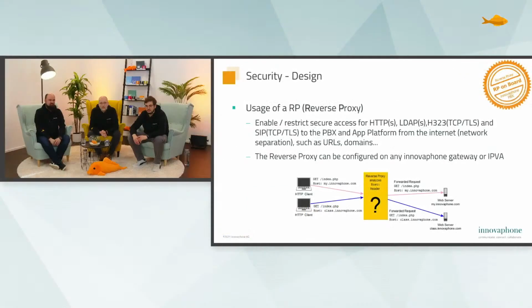We enable the reverse proxy so that people from the outside can register to our internal system. On which basis do we do that for HTTP, for example? Via DNS name, of course. You open the DNS name and you redirect this DNS name to your PBX system.